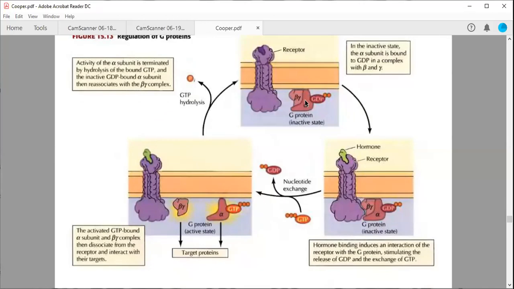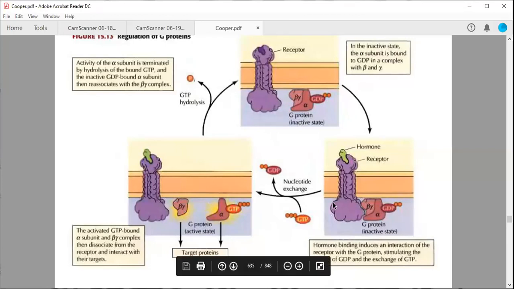Beta and gamma were close friends, always making a complex, and they are not influenced by any kind of money. But alpha, when it is having less money, for example GDP, will form a bond with beta and gamma. But once it gets some energy, some money, for example GTP, it will dissociate from the beta-gamma complex and move away.